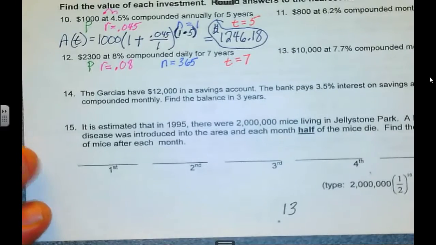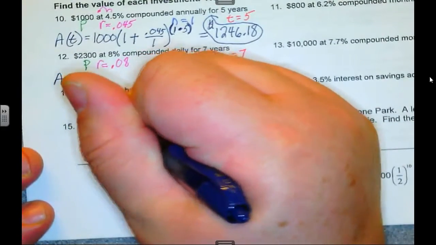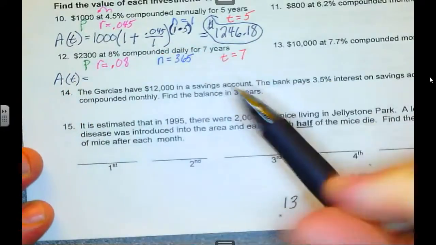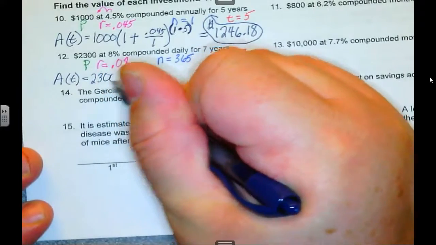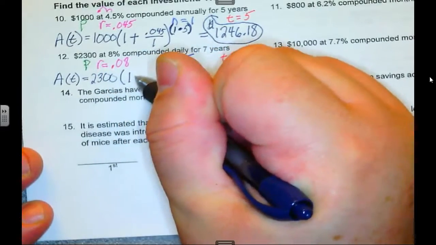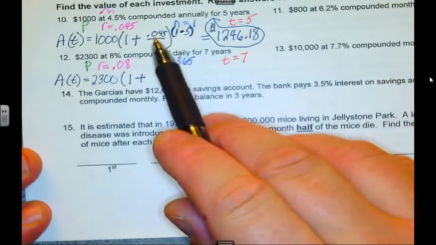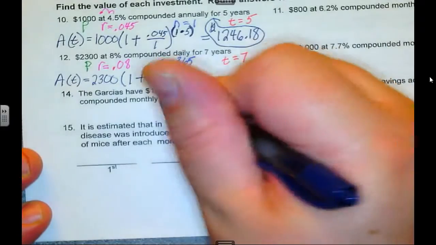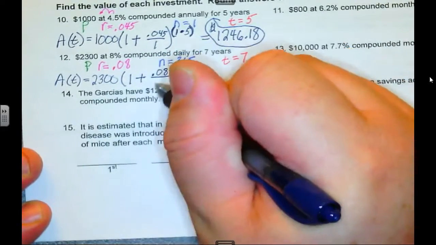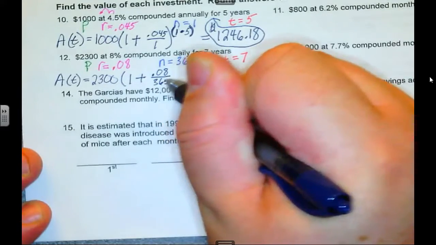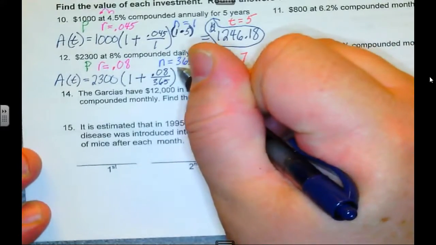All right. Let's put it in our little formula. A of T equals my P is 2,300. Parenthesis 1 plus my rate, well, I'm going to use this one, 0.08 divided by my N, which is 365, raised to the T, which is 7.